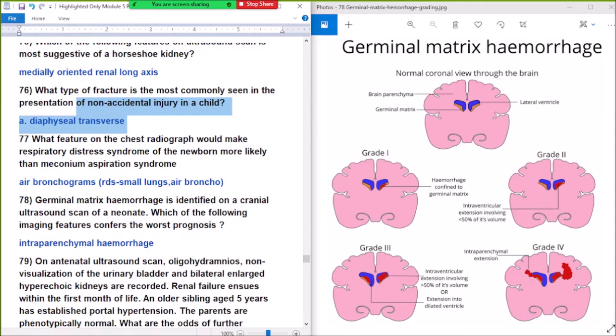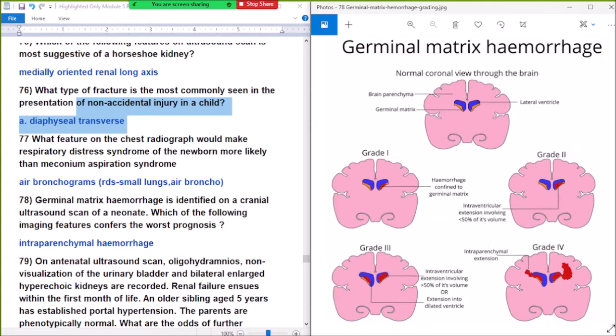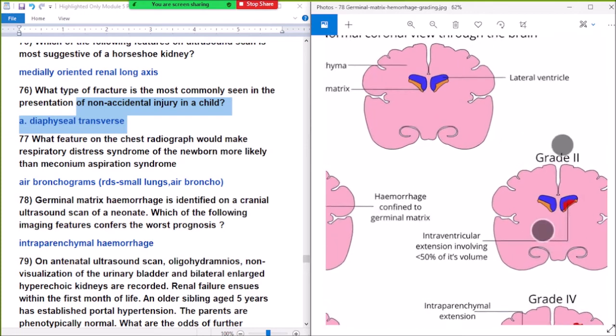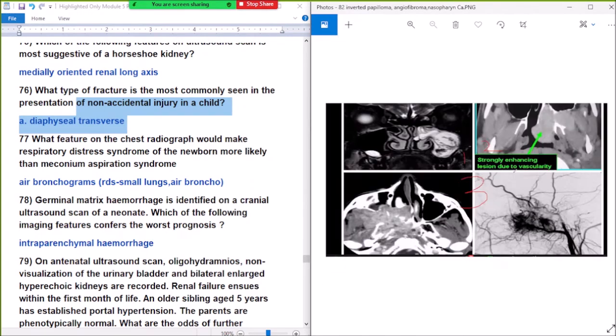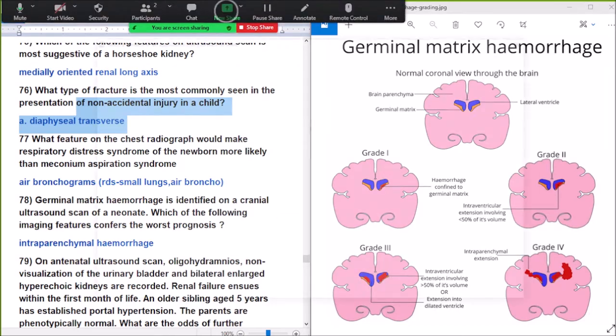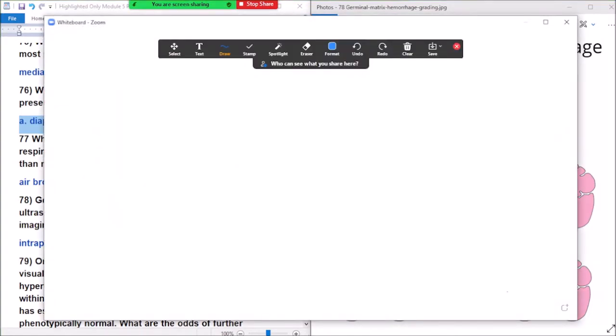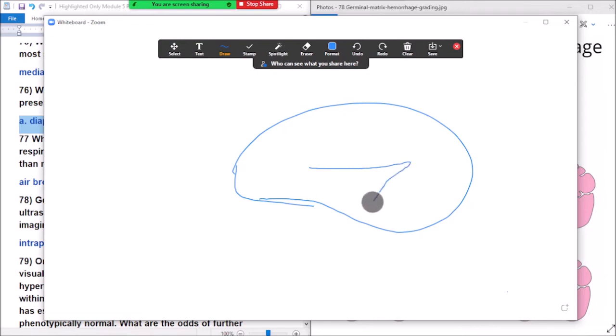Here, to differentiate germinal matrix hemorrhage from leukomalacia, it is seen anterior to the thalamic groove. If you look at it sideways, the germinal matrix hemorrhage will be seen anterior to the caudothalamic groove. In the brain, this is the ventricle, the groove, and the germinal matrix hemorrhage.